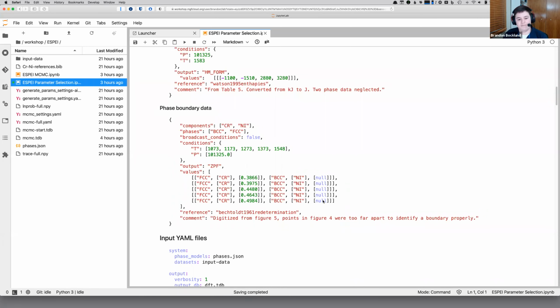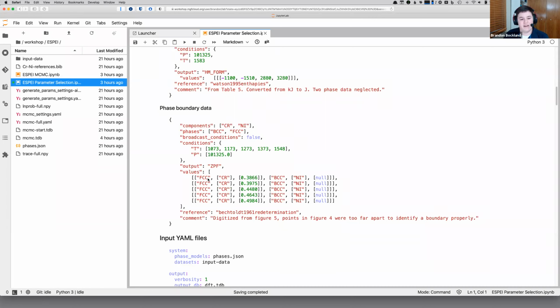ESPEI can handle that. This is actually very common for binary systems, because you can imagine that if you isothermally let a sample at 1073 Kelvin reach equilibrium, and then you quench it, you might only measure the composition of chrome in the FCC phase.